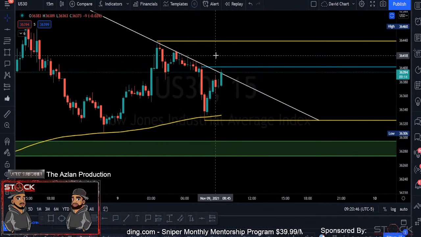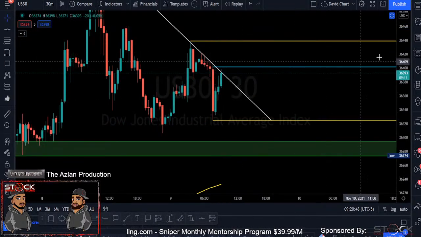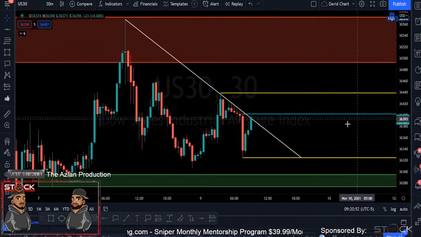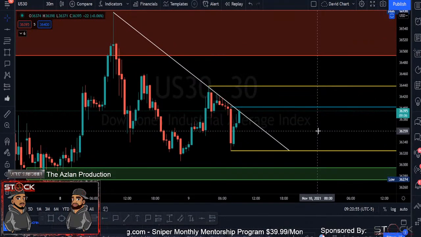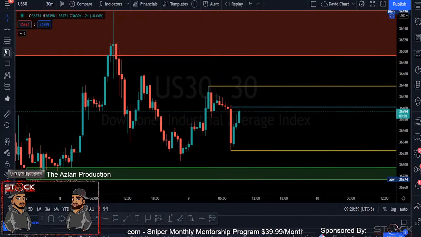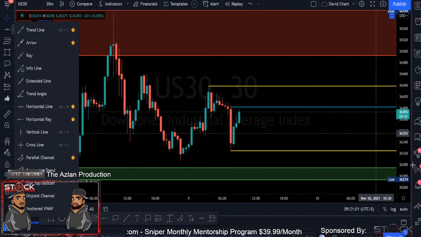Okay, look at the 30. See, clear as day. It's a flat top. That's what it's called. Okay, flat top here. It's holding support. If you want to see what it actually looks like, we can draw it for you.